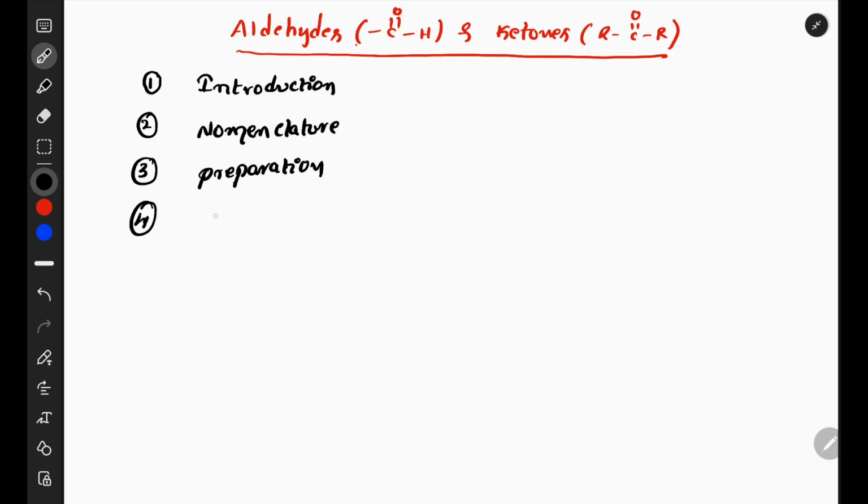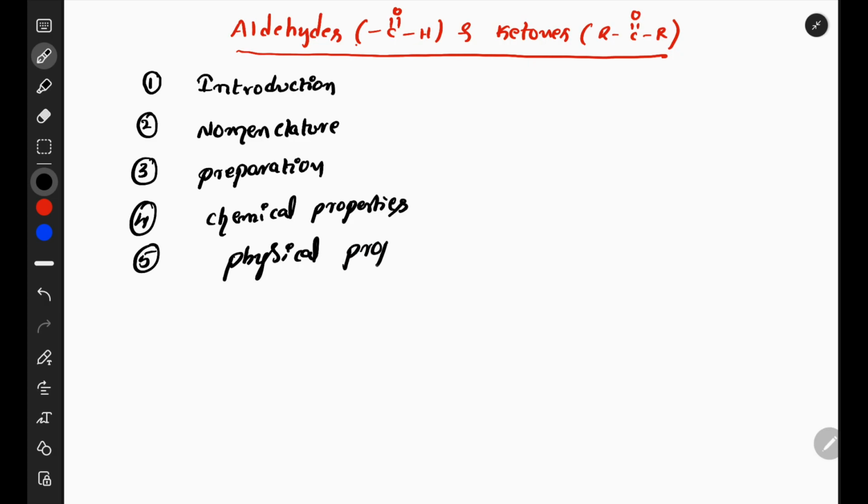Next, chemical properties. Finally, we have to worry about the physical properties.